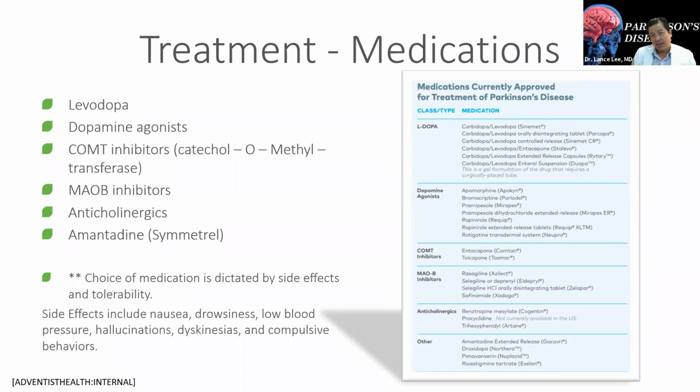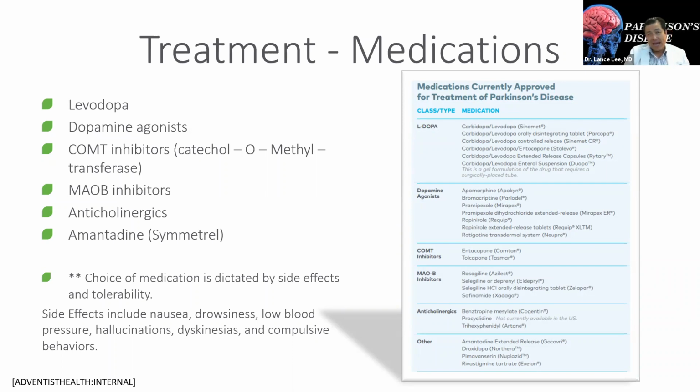So a lot of drugs that we listed here, COMT inhibitors, MAO-B inhibitors, are drugs that help to prevent the breaking down of the dopamine in the system. Because dopamine, once it goes to your body, has to disappear somehow, and that's what the body does. We are utilizing these medicines to prevent the breakdown so that it can be available in your system longer.